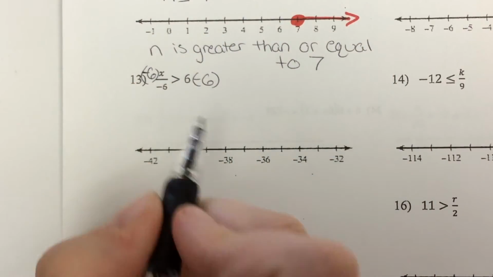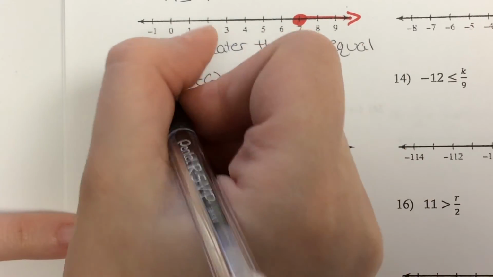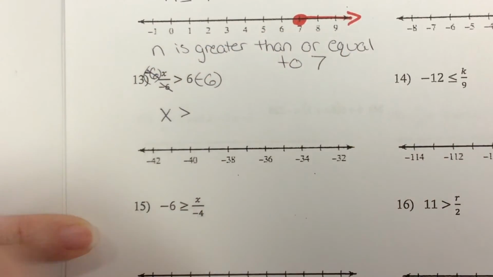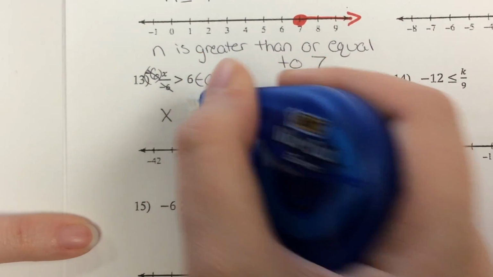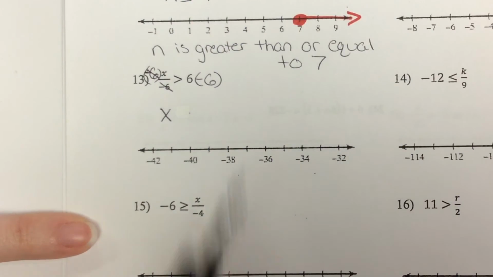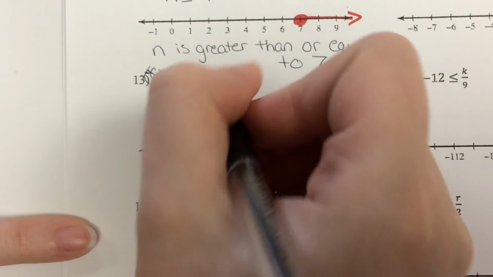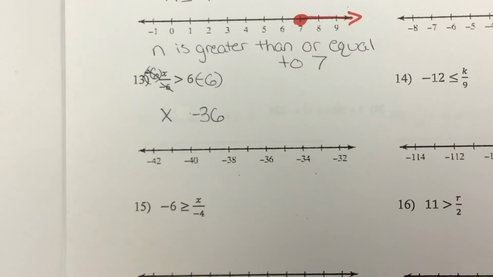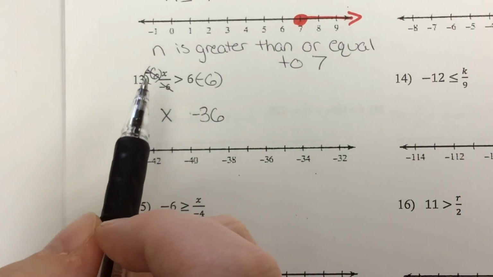Negative 6 divided by negative 6 cancels, and you're just left with x is greater than, oh wait a second, should it be greater than? Did you catch my mistake? Let's come back to that. 6 times negative 6 is negative 36. Now, remember what we said.